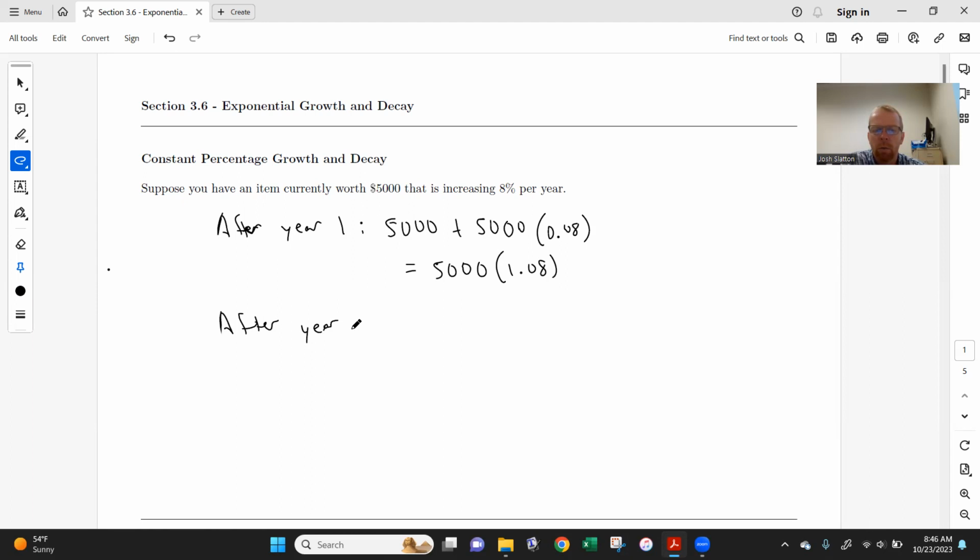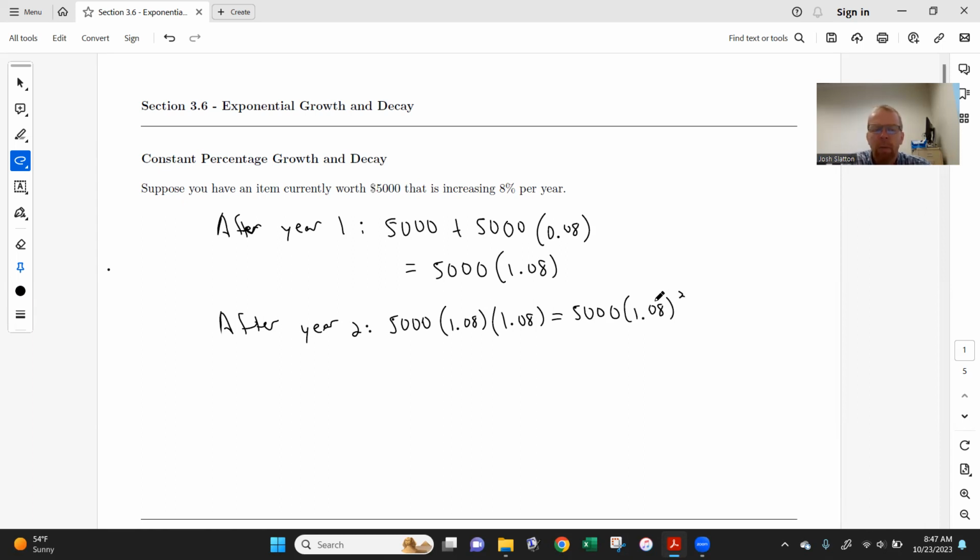But then after the second year, it would be the 5,000 times the 1.08 that it is after the first year, and then we add another 8% to that. So we multiply again by 1.08, and simplifying that, we get 5,000 times 1.08 squared.